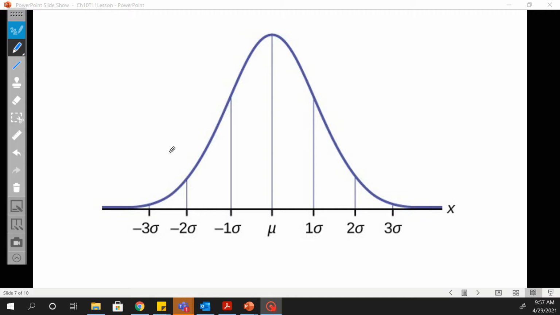Now, if 68% is between here and here, that means that in this space, that's 34%, and in this space, that's also 34%.